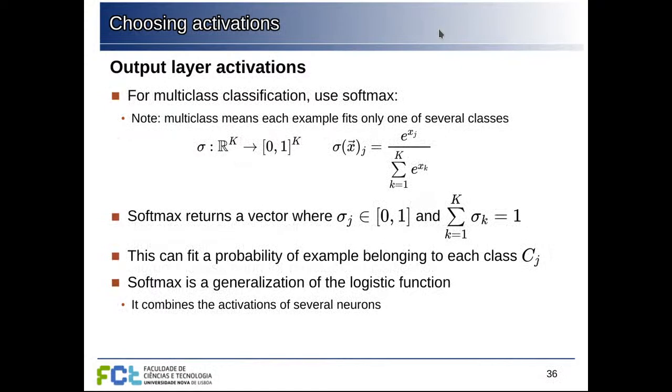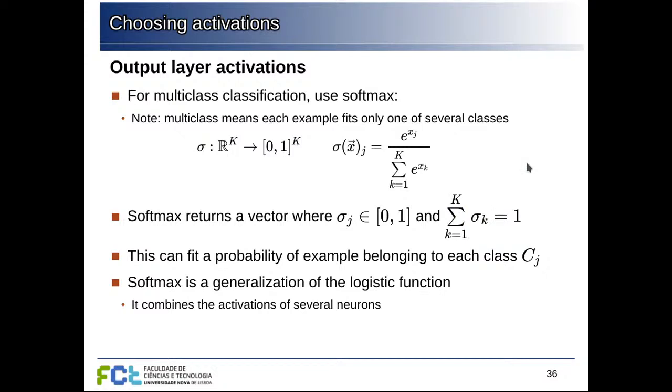For multi-class classification, we use softmax. Note that multi-class is different from multi-label, because in multi-class problems, each example only belongs to one class. There are more than two classes, but the example can only belong to one. So what we need here is basically some function that out of all the possible k classes that we have, so there are k outputs here, but they all belong to the interval between 0 and 1, and the sum is 1, so that we can interpret this as the probability of belonging to each class.